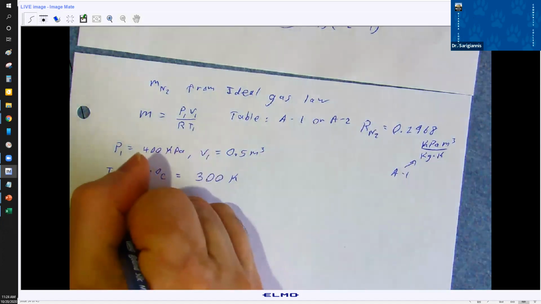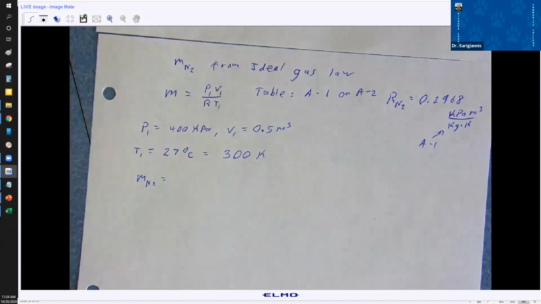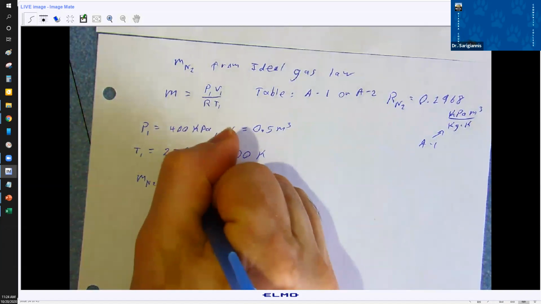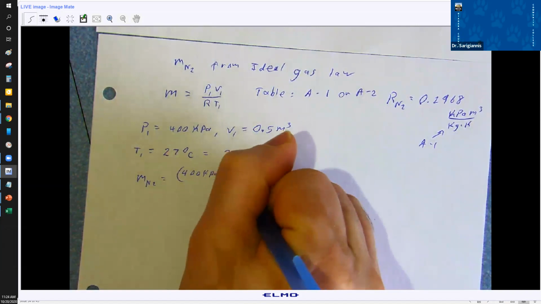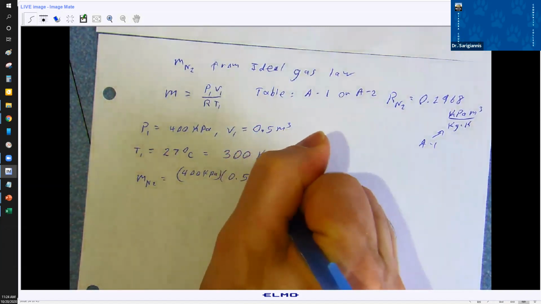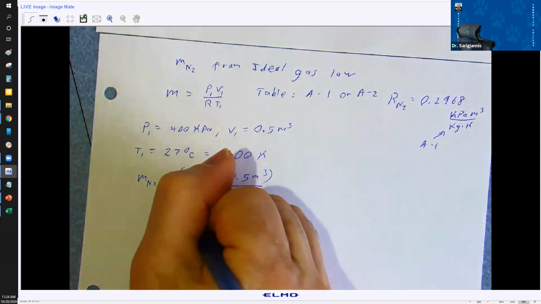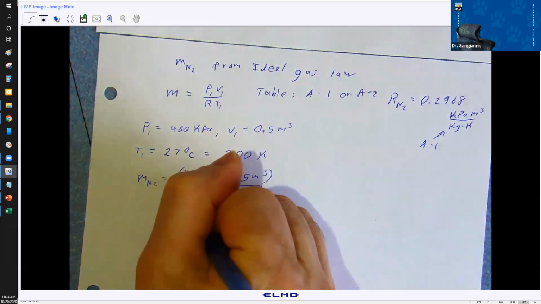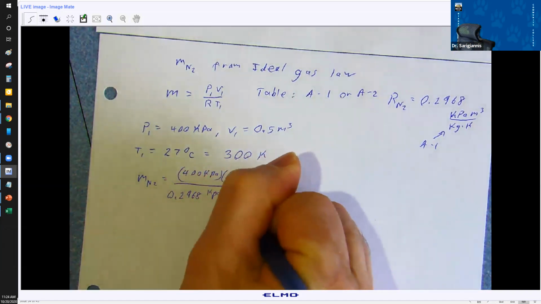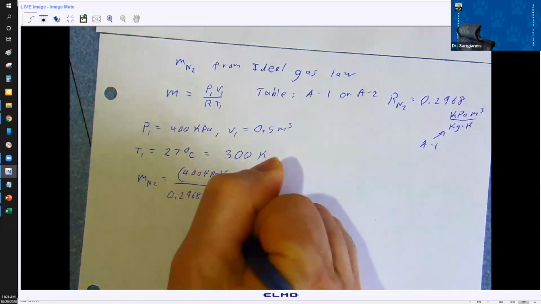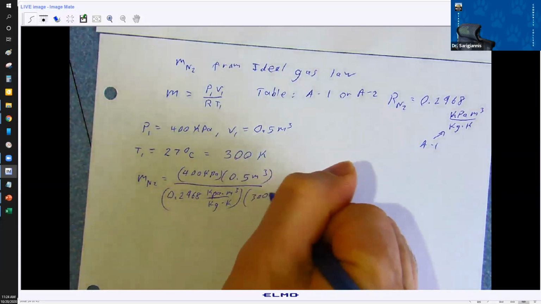All right, so we can find the mass of the nitrogen. 400 kPa, 0.5 meters cubed. I'll put the gas constant 0.2968 kPa meter cubed per kilogram Kelvin, 300 Kelvin.